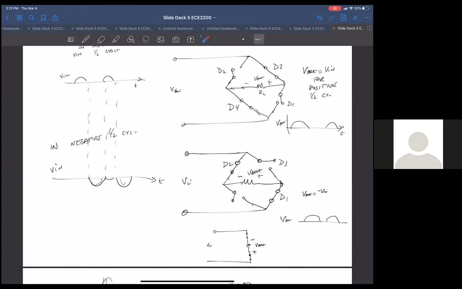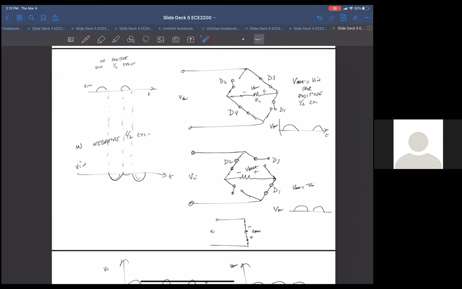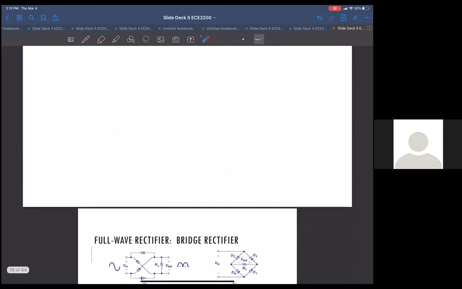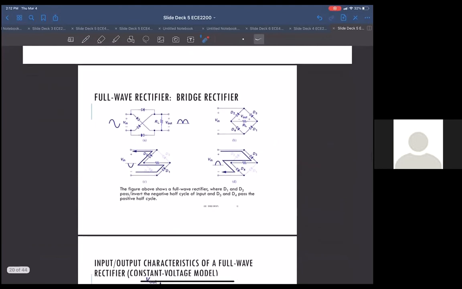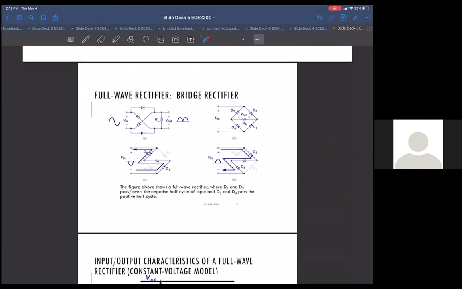That way you always end up with a positive V out. Okay, so we might have to go through that a couple of times, but this is probably one of the more complex circuits to get your head around.